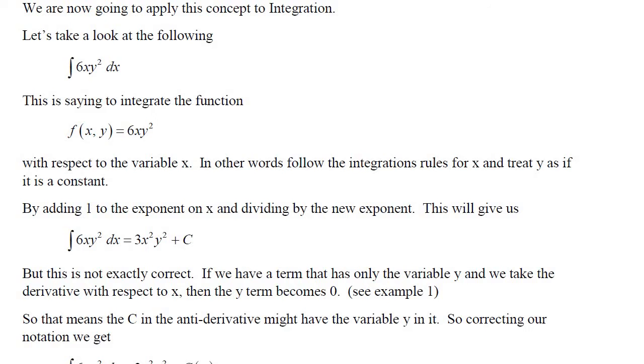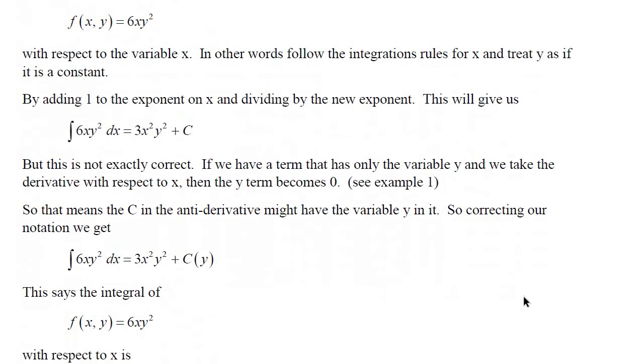So correcting our notation, we're going to have something that looks like this. The integral of 6xy squared dx is going to be 3x squared y squared plus c of y.